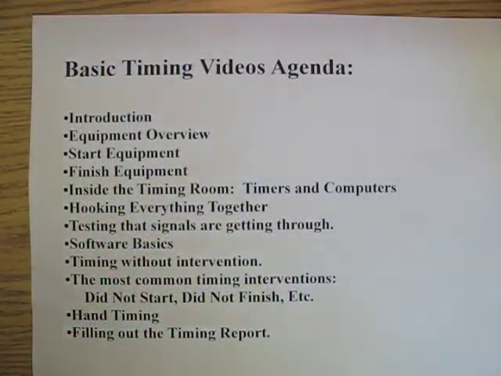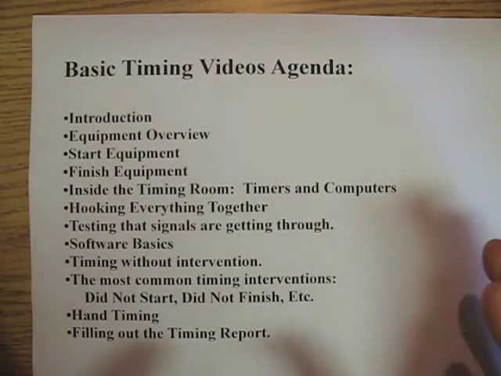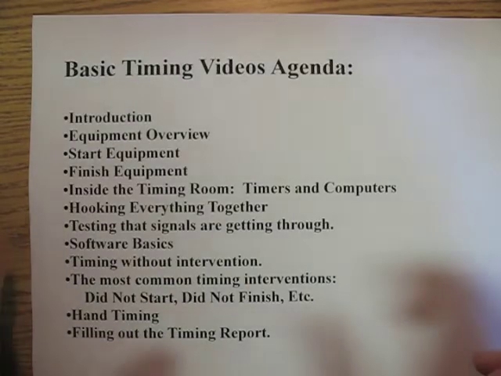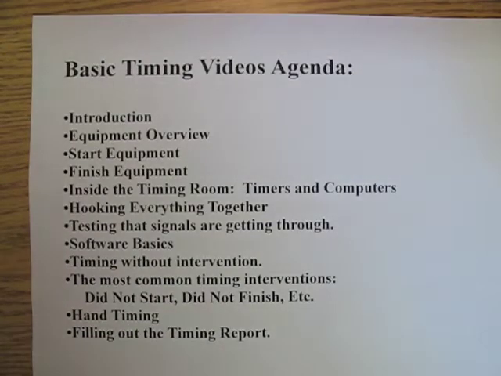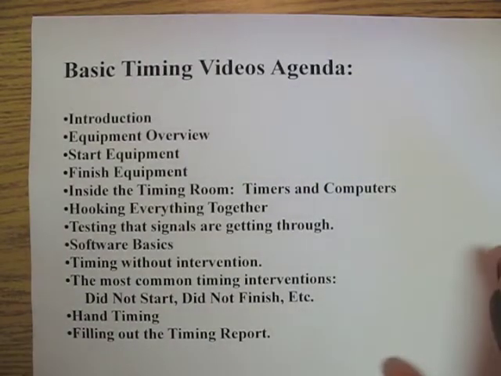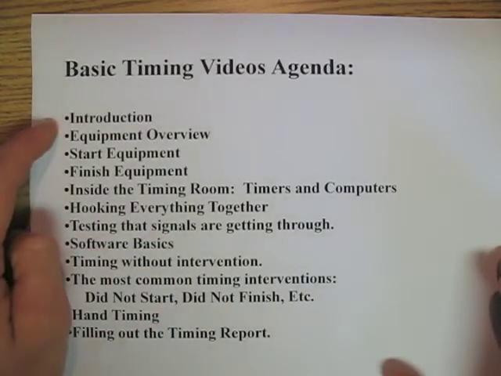Okay, so what are we going to cover in our series on just the very basics of timing an alpine ski race for USSA or FIS? Well, right now I'm doing my introduction, and as soon as I'm done with this, we're going to do a new video.